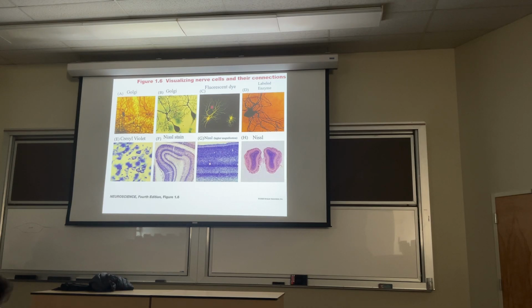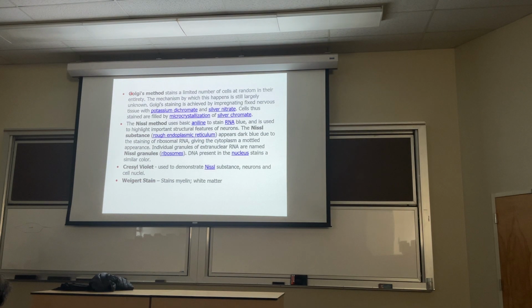You can also use fluorescent dyes like this, and you can look at the processes, labeled enzymes, Nissl stains, and this shows you the different type of staining that we have. A Weigert stain is a new one that we want to introduce to you.